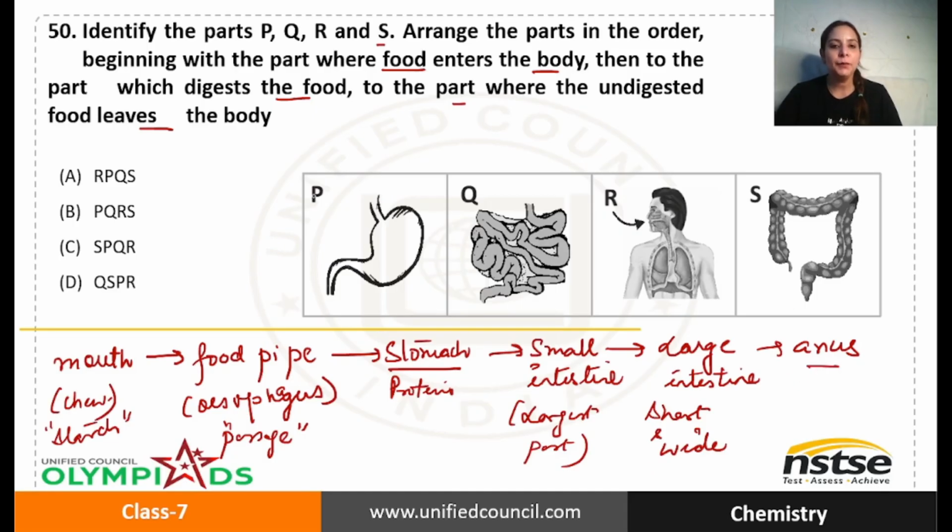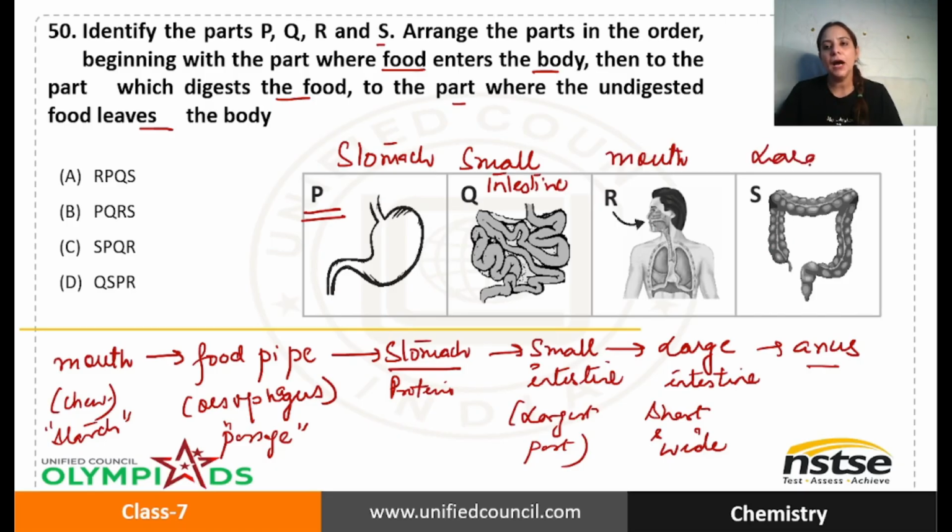Now let me tell you, P indicates stomach. Q, you can see that highly coiled tube, is the small intestine. And this one, I hope you all know, is the mouth. And this one is short but wide; it indicates the large intestine.